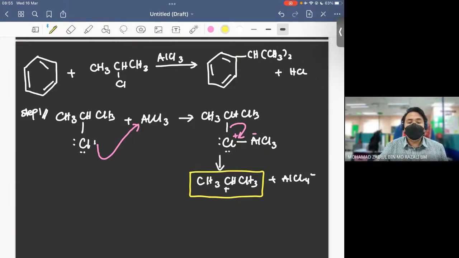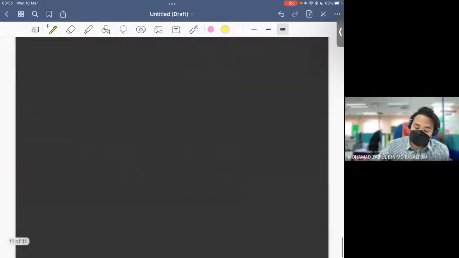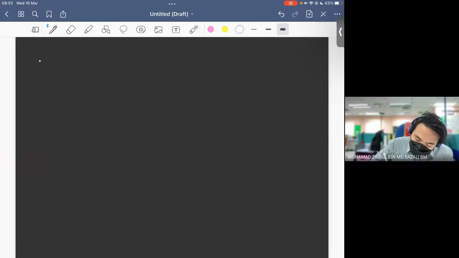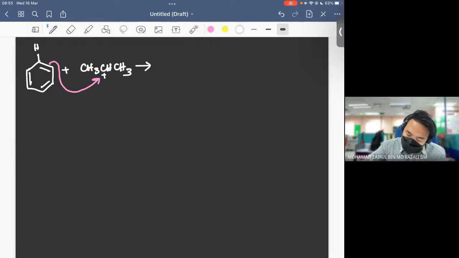Next step kita adalah nucleophilic attack of the benzene to the electrophile. Okay. So, macam biasa, benzene dia akan attack electrophile. This electrophile. Okay, dia produce resonance stabilized structure. So, ni hydrogen, ni CH3 2.